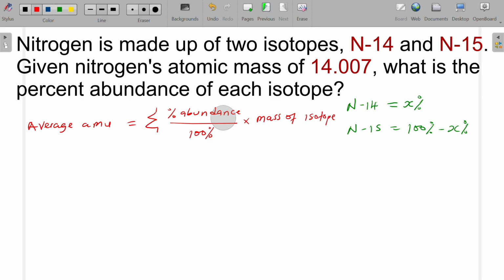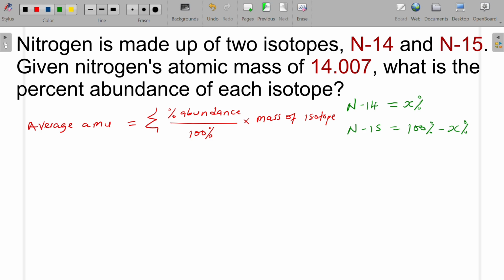Then we do it again for the second isotope, and to find the sum, it means we are adding the values we're going to get. So this average atomic mass unit is basically what we are given in the question as 14.007. So let's replace and apply it.